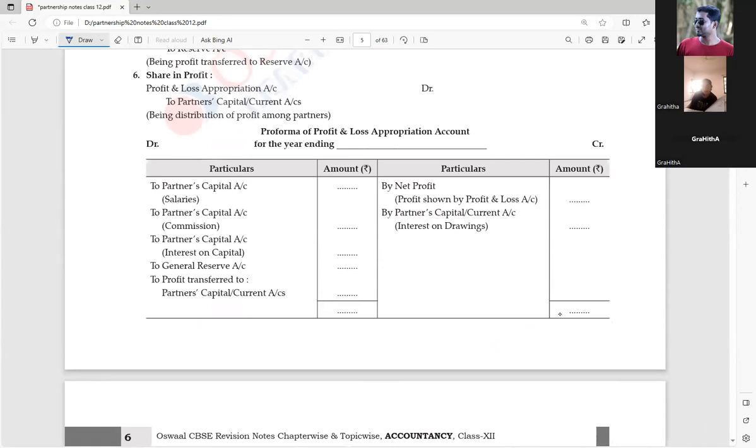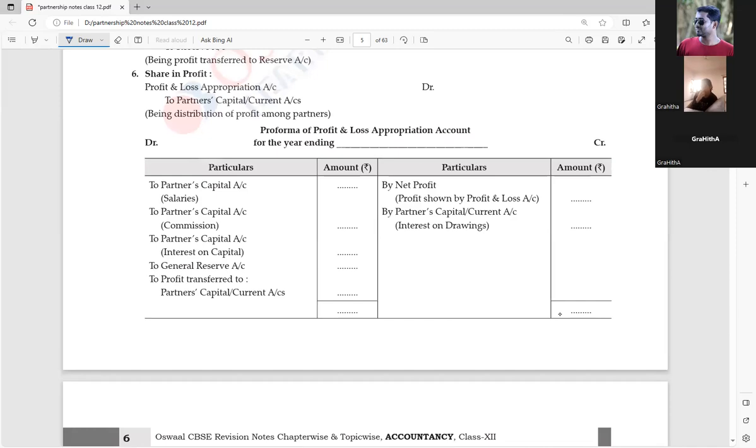After that, see to commission, to interest on capital, to general reserve, or to charity. Charity is also not shown, so you can write here only reserve. And on that side, by net profit as well as interest on drawings, all are partners capital only.